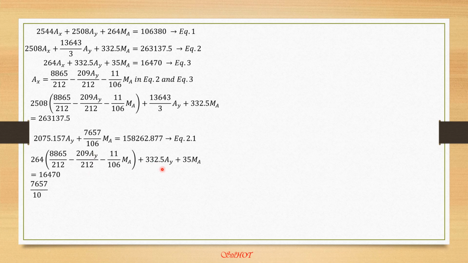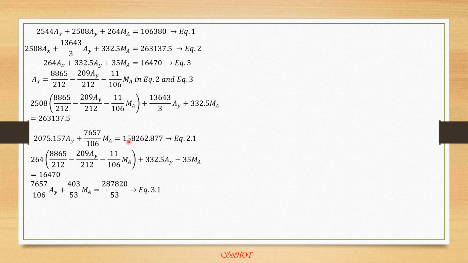That would be 7657 over 106 AY. Then 264 times negative 11 over 106 MA plus 35 MA. That would be 403 over 53 MA. Check it with your calculator. Then for the constant, 16,470 minus 264 times 8865 over 212, that would be 287,820 over 53.